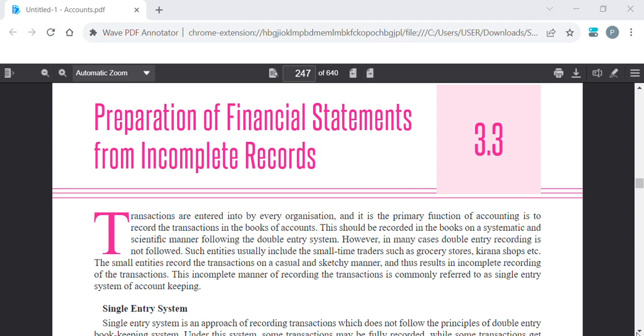Then 2,000 I paid to the milkman. Then 3,000 rupees, suppose, to the vegetable vendor. So I started recording, and at the end I have 1,000 rupees as balance.